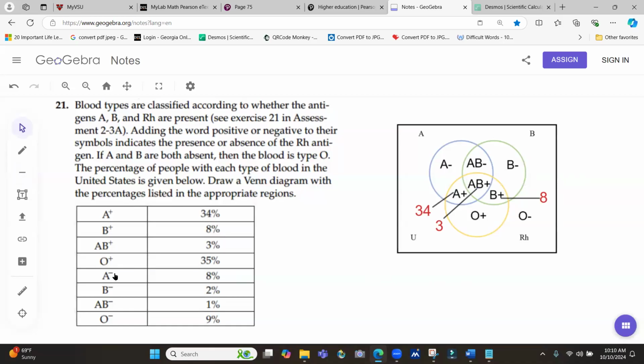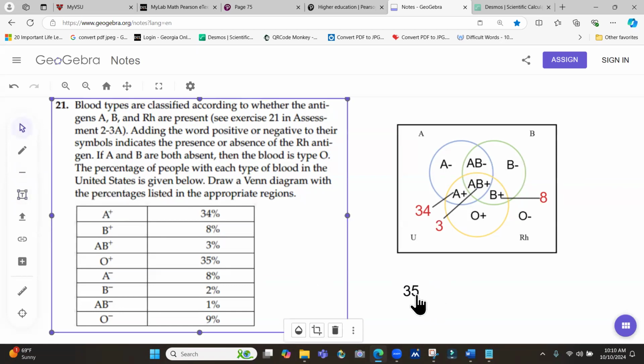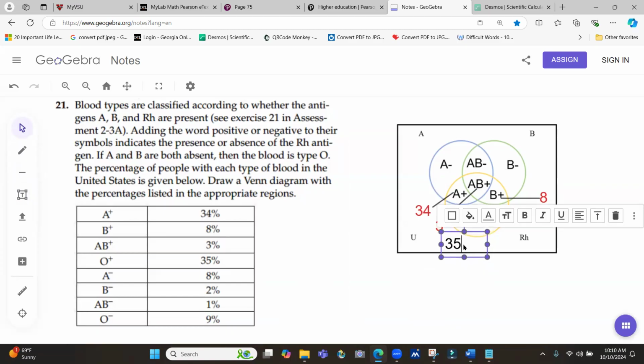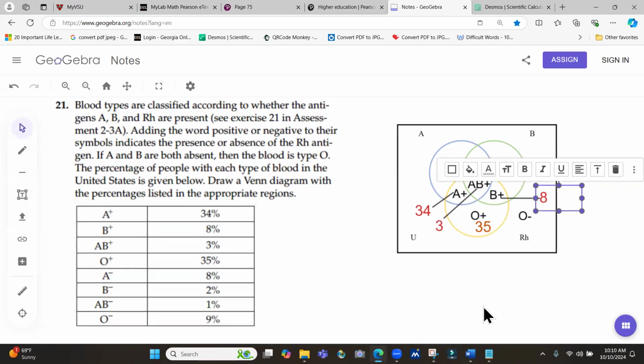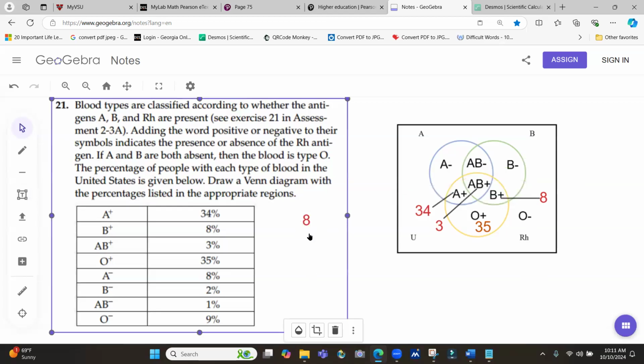And then let's see, O plus is this guy. O plus is 35. I made it pink, but I don't think it makes any difference. I think I can put O plus right here inside. There's enough room. A minus is 8%. So out of 100, it'll be 8.